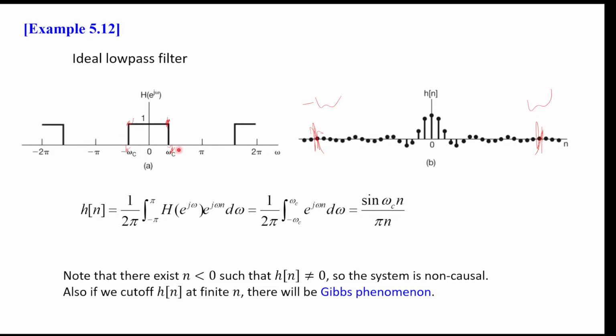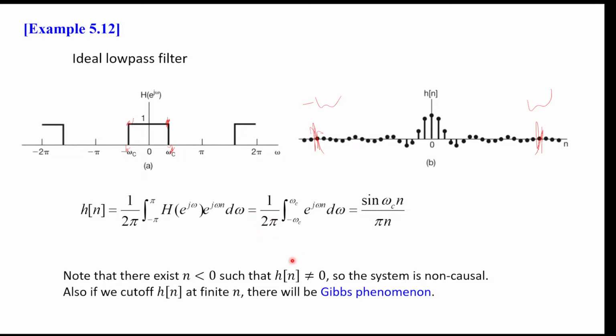So the ideal low-pass filter for discrete time signals looks like this. It only passes signal around 0 or signal around 2 pi, minus 2 pi, etc. Okay, and we do the inverse Fourier transform of these things. So we have integration 1 over 2 pi, integration from minus pi to pi of H of e to the j omega, e to the j omega n, d omega.